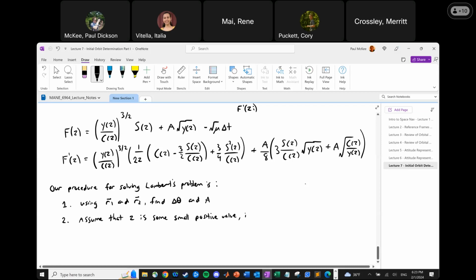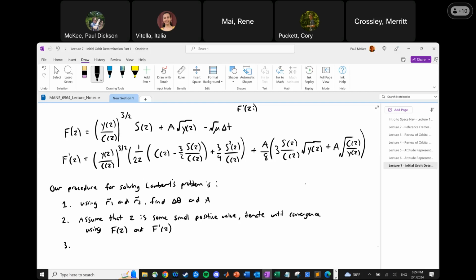And then iterate until convergence using the equations f of Z and f prime of Z.